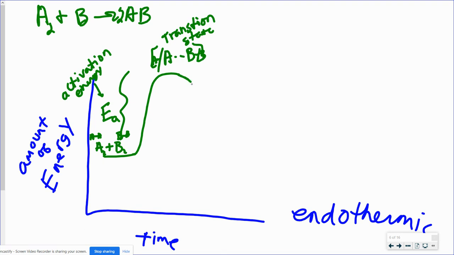Then when they are successful to become products of A, B, that is actually higher in energy than when they started.